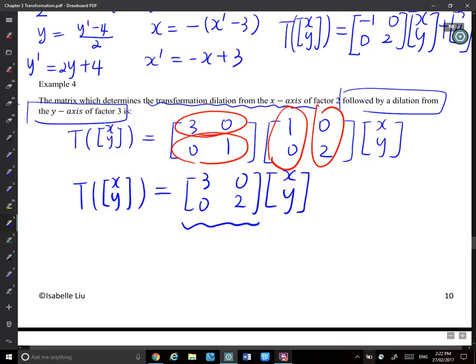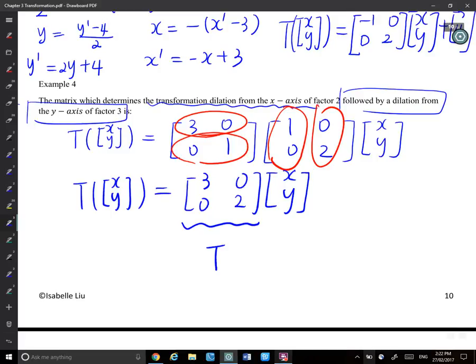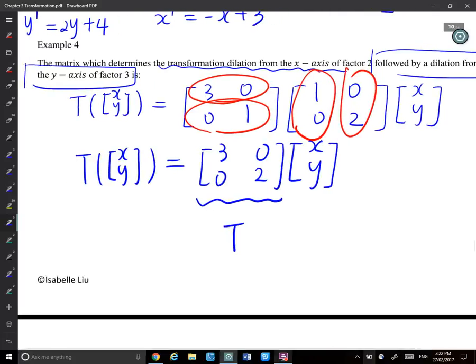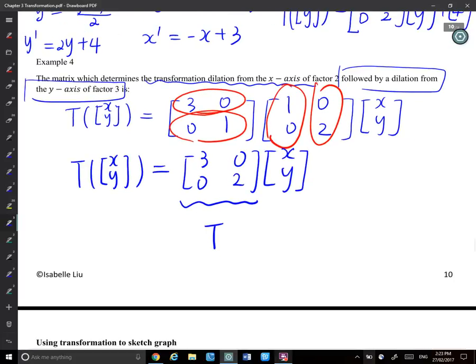So the matrix will be this. This will be the matrix, 3, 0, 0, 2. That's most of the things we can do for matrix.